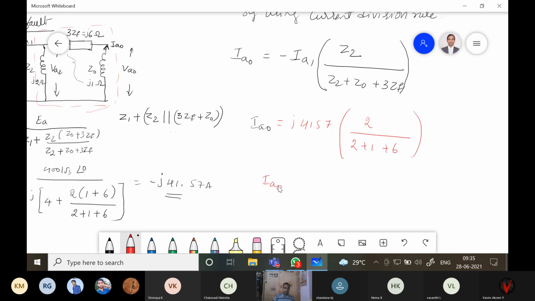So calculate IA naught. 2 plus 1 is 3, 3 plus 6 is 9, so 2 by 9 into 41.57 J. We will get J9.24 ampere.